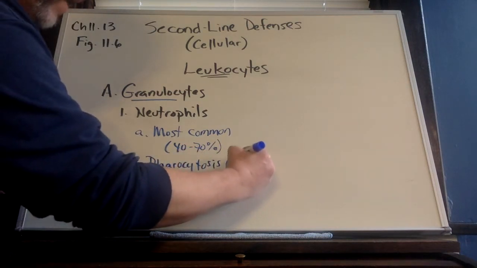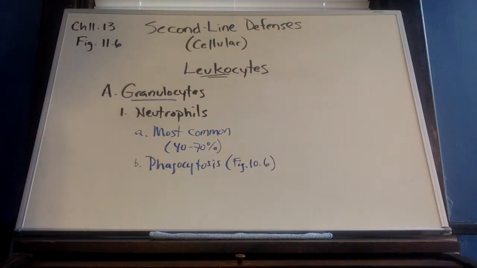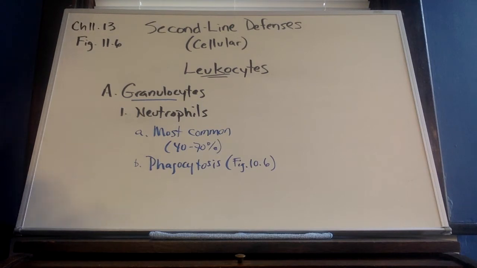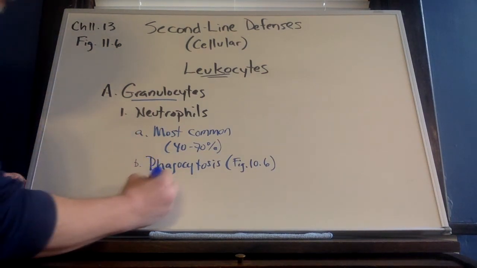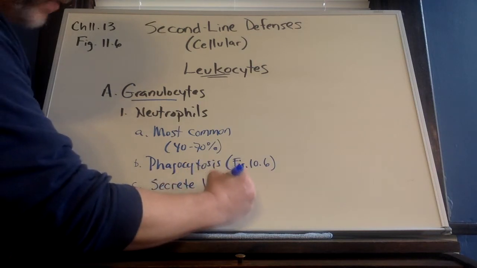If you need to, go back to figure 10.6. We talked about how microbes evade by escaping phagocytosis. Almost all of your leukocytes are going to do phagocytosis. This is one of the primary ways neutrophils are going to get rid of invaders. They're also going to do things like secrete lysozyme.